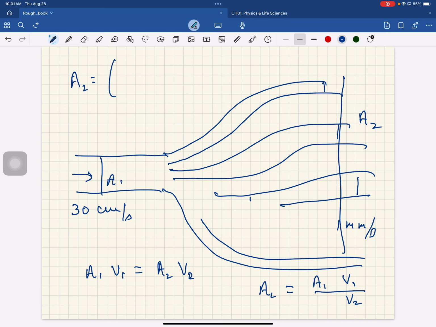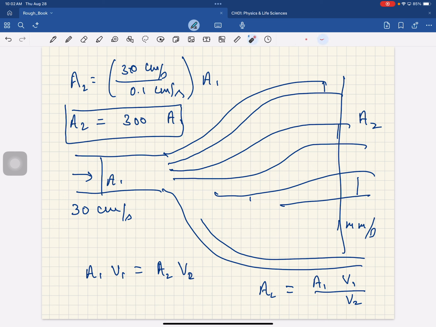V1 is 30 centimeters per second. V2 is 1 millimeter, and a millimeter is a tenth of a centimeter. So A2 is 300 times A1. What we are saying is the area of all these capillaries adds up to 300 times this area.